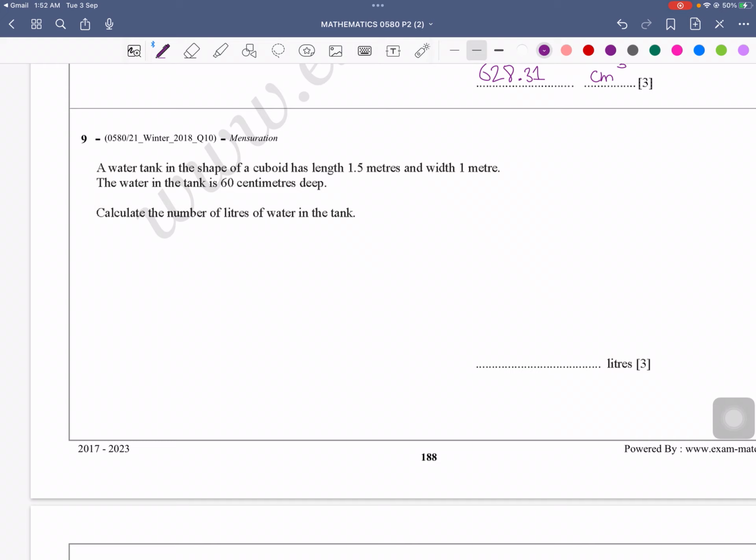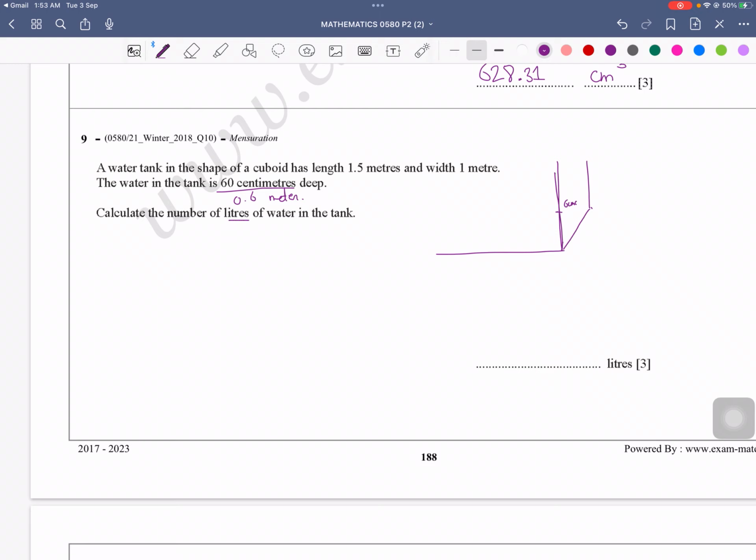So using this length, you need to understand that this is how long it is, this is how wide it is, and the height the water is filled to is this, 60 centimeter. 60 centimeter converts into 0.6 meter. 100 centimeter is 1 meter, right? 60 is 0.6.